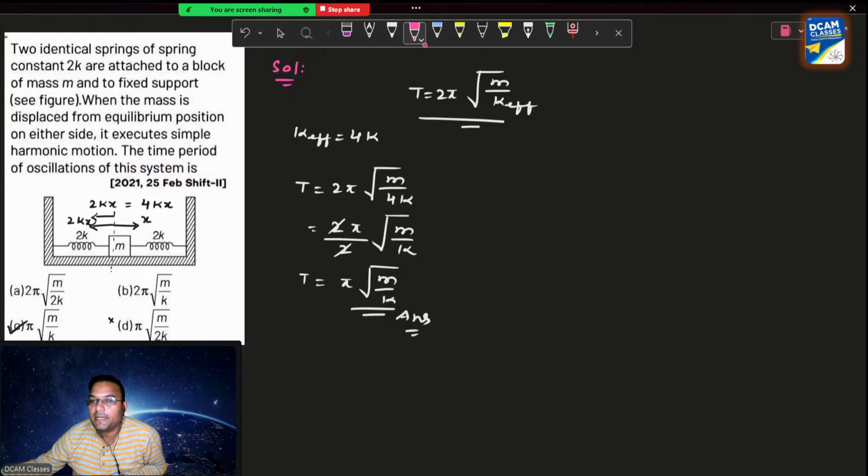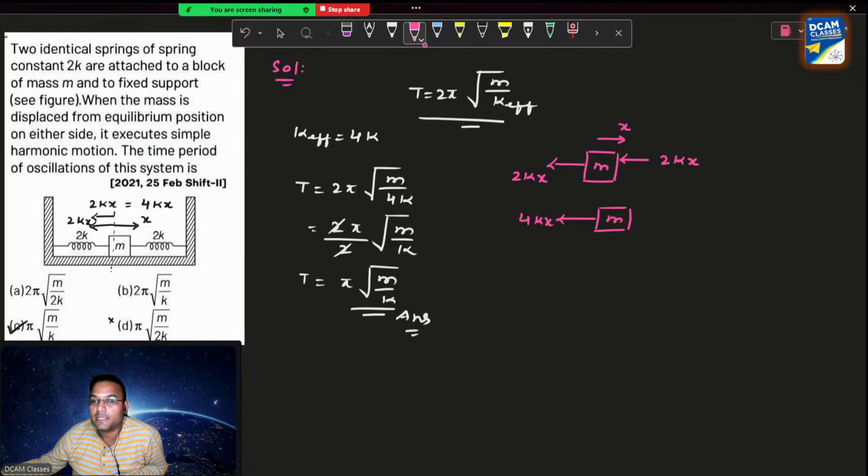See what is happening. This is not series. If you displace the M by this distance x, there is a force due to the left spring, 2kx towards left. And since the right spring has been compressed, due to this also there will be a force 2kx. So the effective force on M which is acting is 4kx.